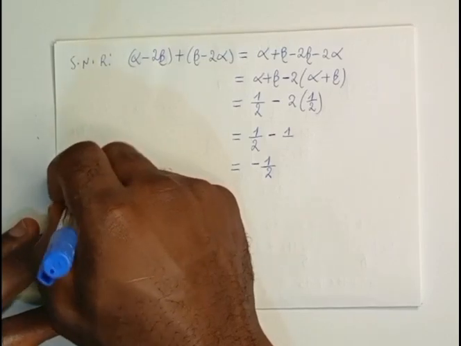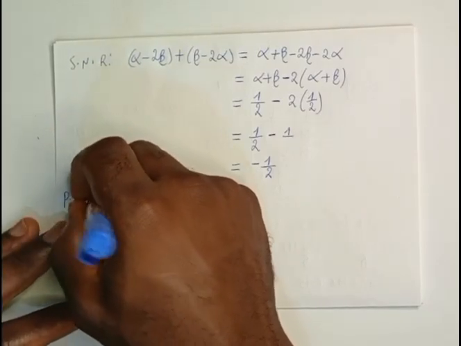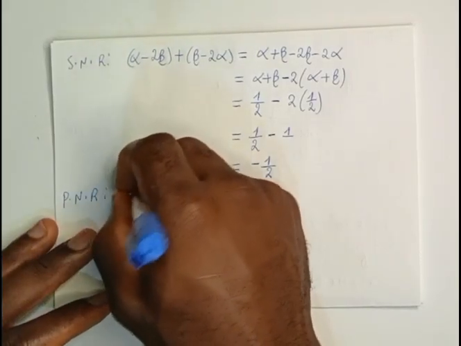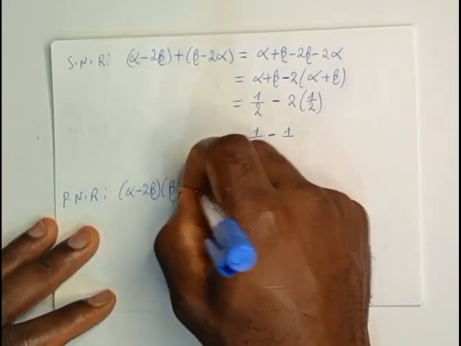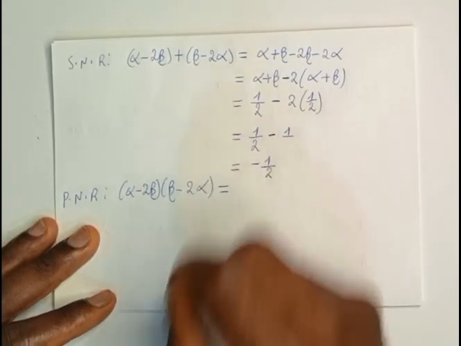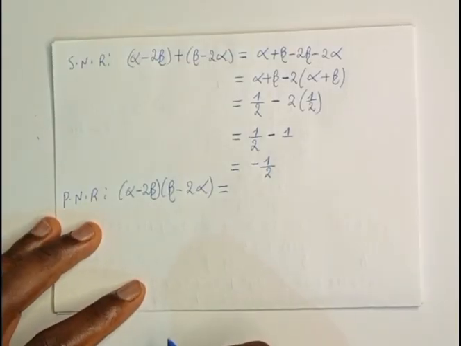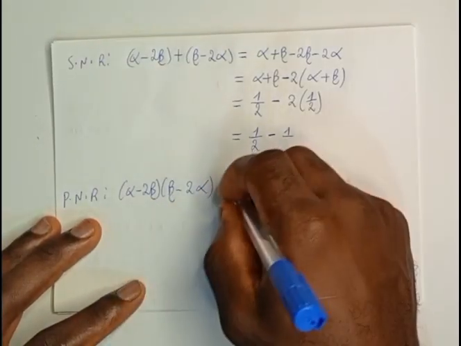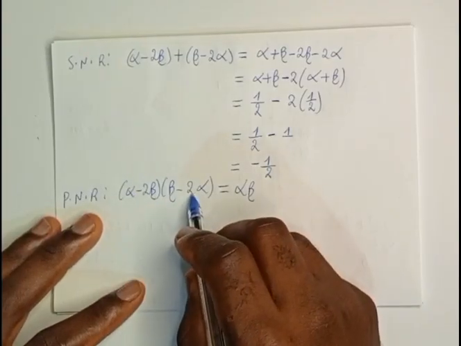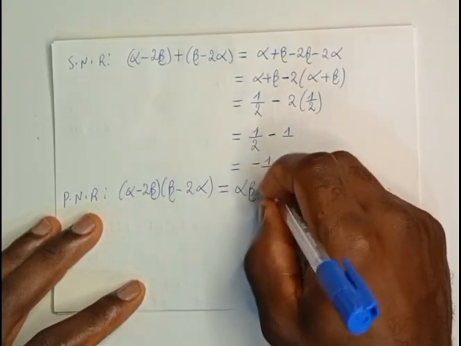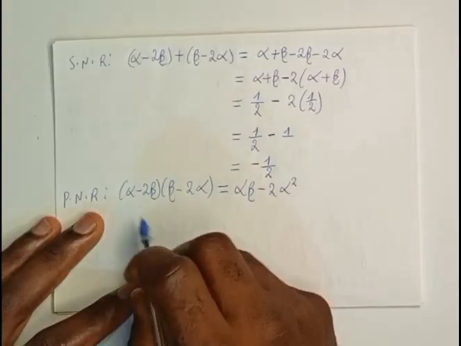This is the sum of new roots. Next, we need the product of new roots, which is abbreviated as PNR. We are going to take alpha minus 2 beta times beta minus 2 alpha. This will be equal to, we have to expand the brackets. Alpha times beta gives us alpha beta. Alpha times negative 2 alpha gives us negative 2 alpha squared.